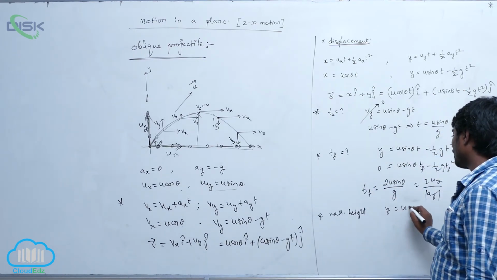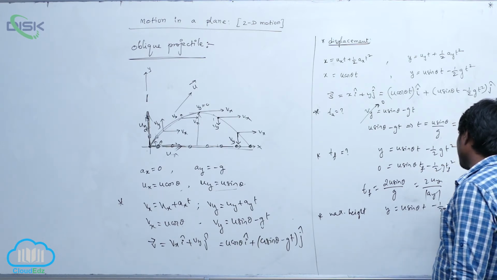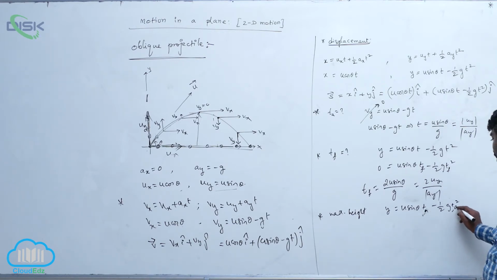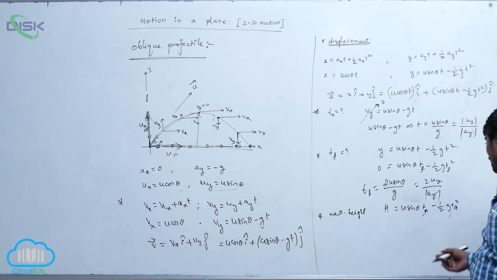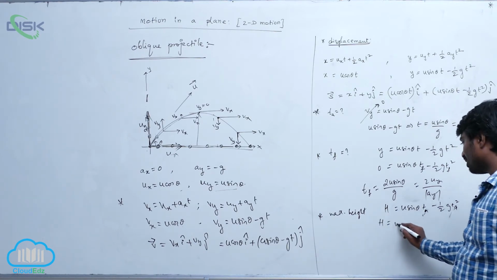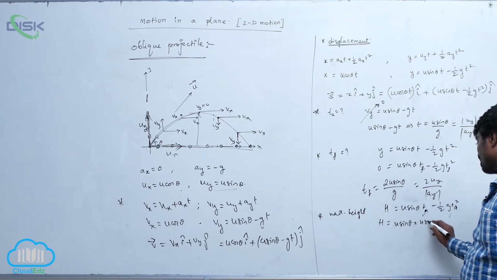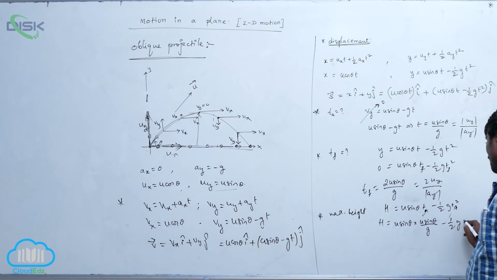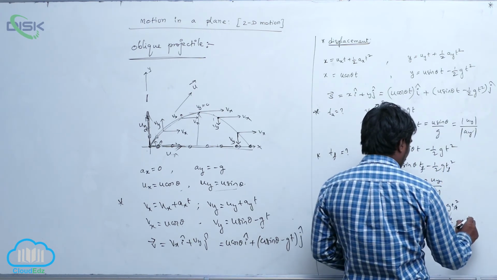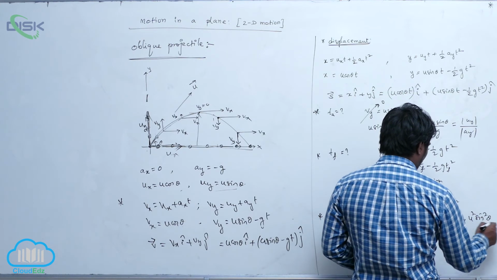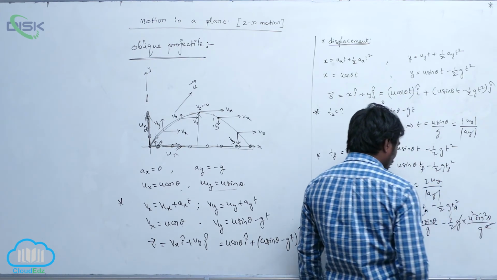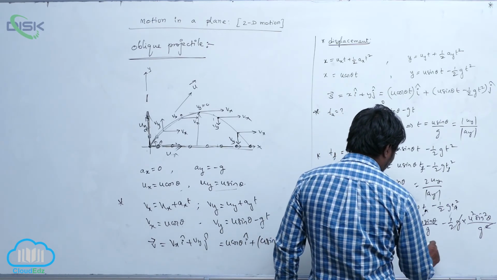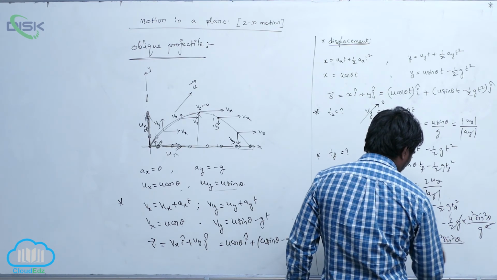So we know y is equal to u sin theta t minus half g t square. In the time of ascent we can write it as the maximum height, capital H. So H is equal to, what do you write? u sin theta into the time of ascent, u sin theta by g, minus half g into t square. t square is u square sin square theta by g square. So u square sin square theta by g minus u square sin square theta by 2g.